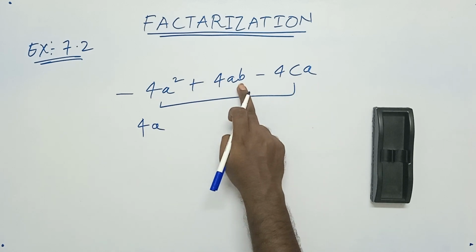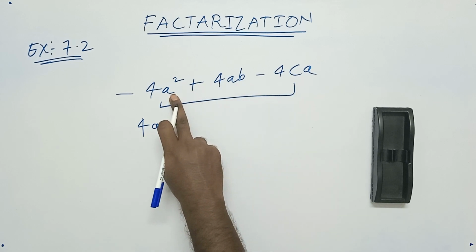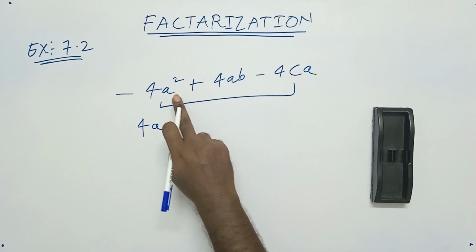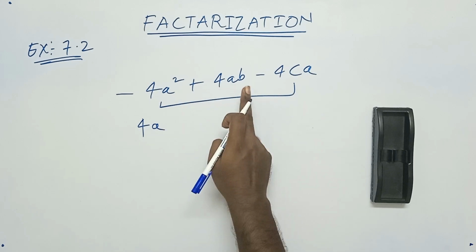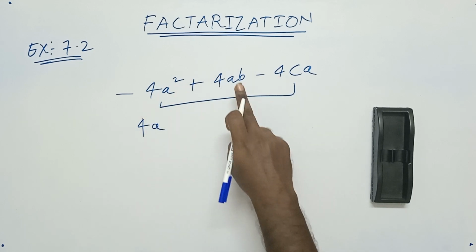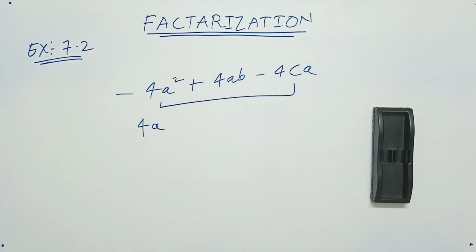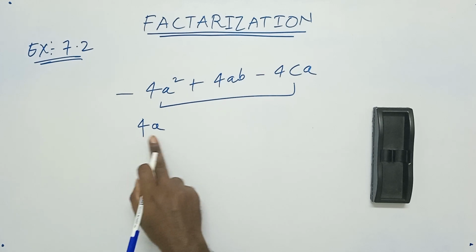In this term we have b, but no other terms constitute b as a factor, so we will not compare the rest of the terms. So now our new HCF is 4a.